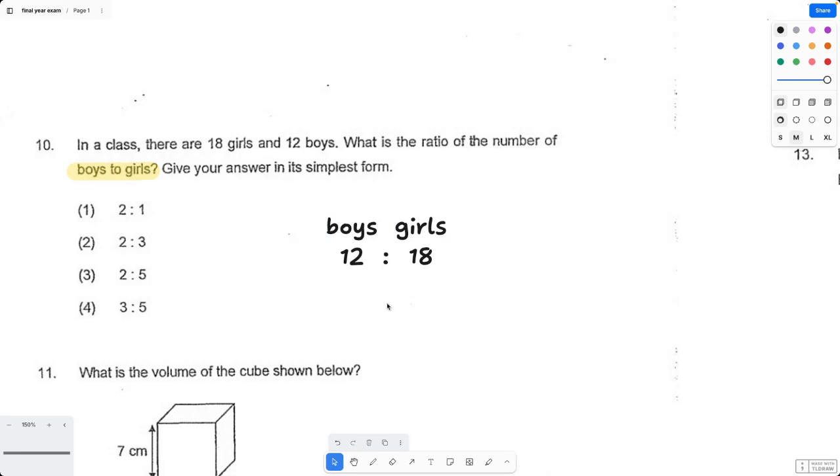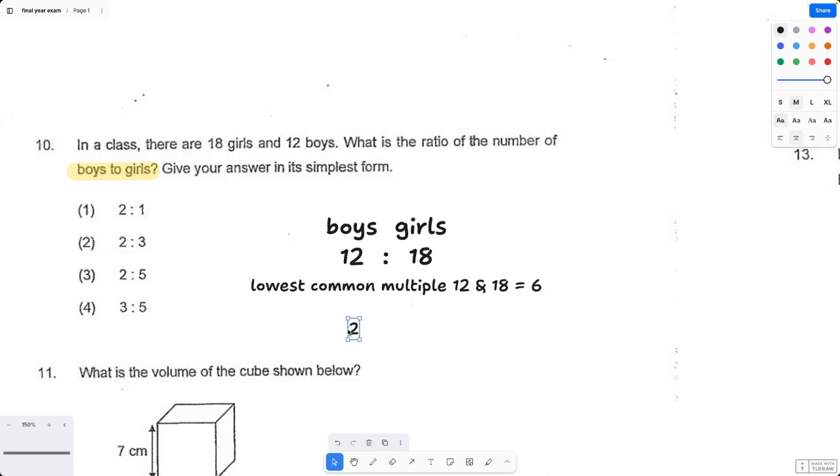So what can we divide 12 and 18 by? What's the lowest common multiple between 12 and 18? 12 can be divided by 6, and 18 can be divided by 6. So that's what we're going to do. For this 12 and 18, we will divide by 6.